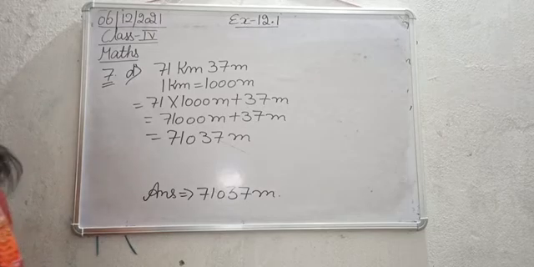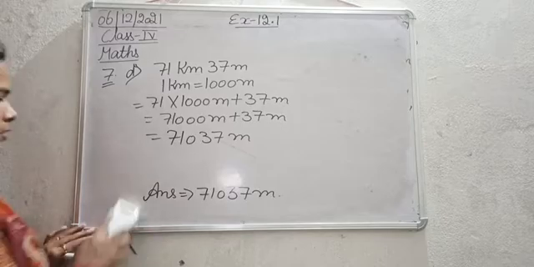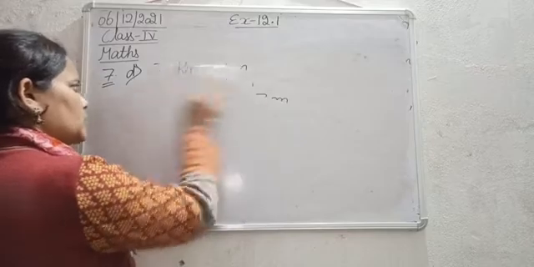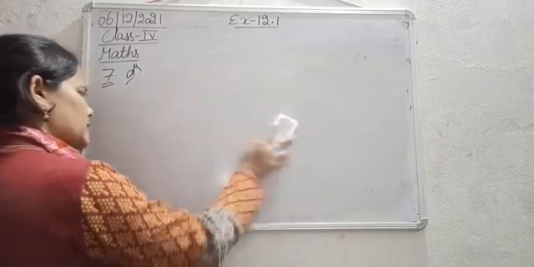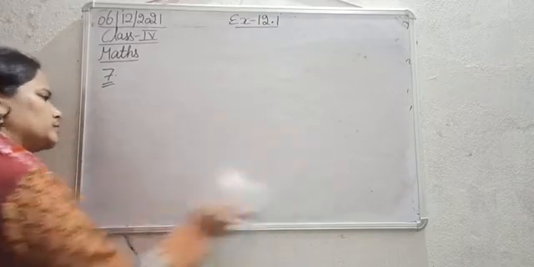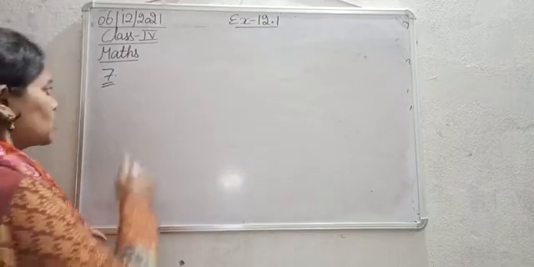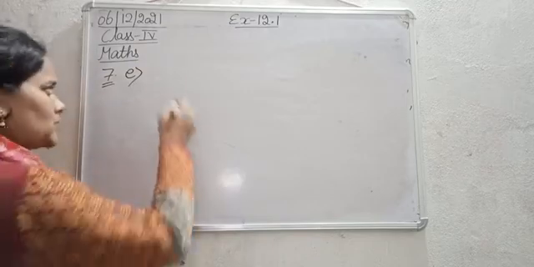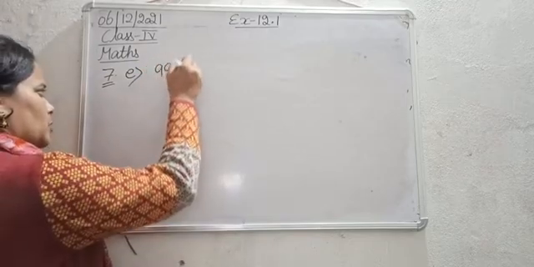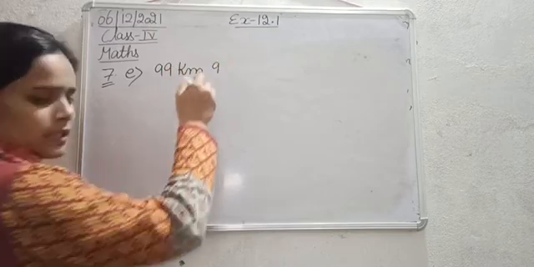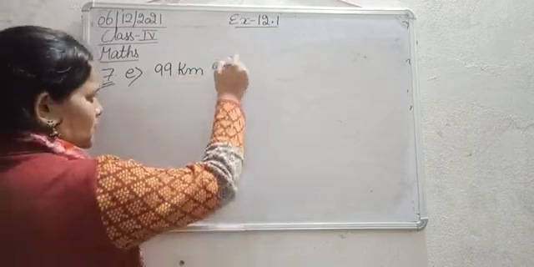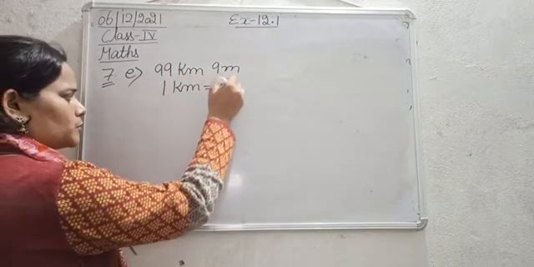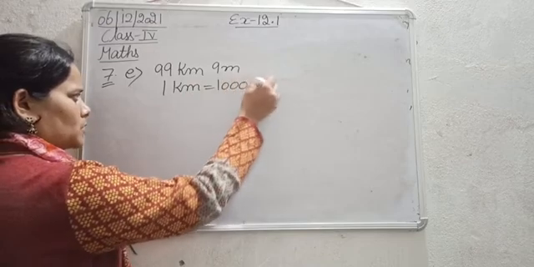Moving next to the E part. Okay, now we are moving to the E part of question number 7. E part is to convert 99 kilometer 9 meter. 1 kilometer is equal to 1000 meter.